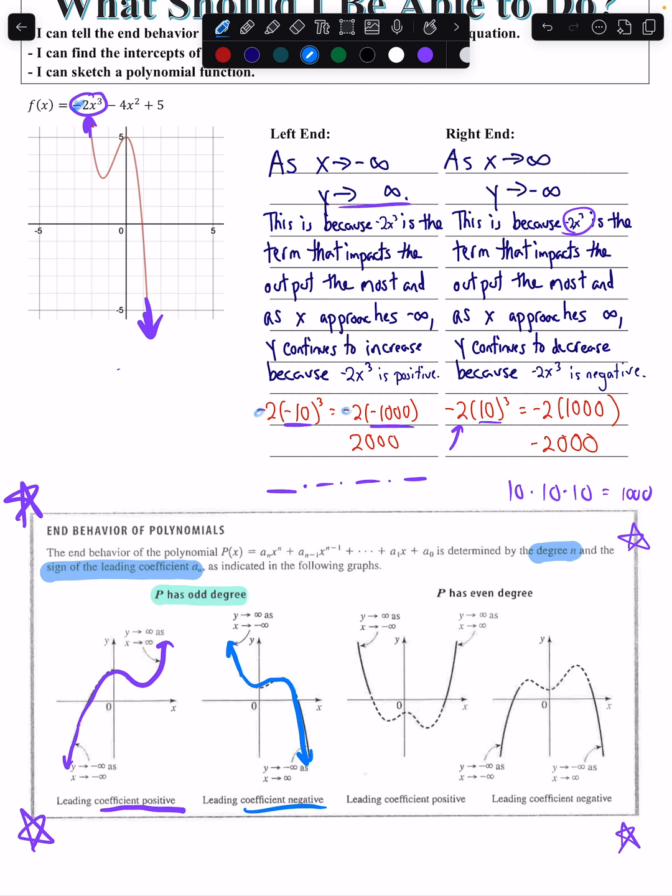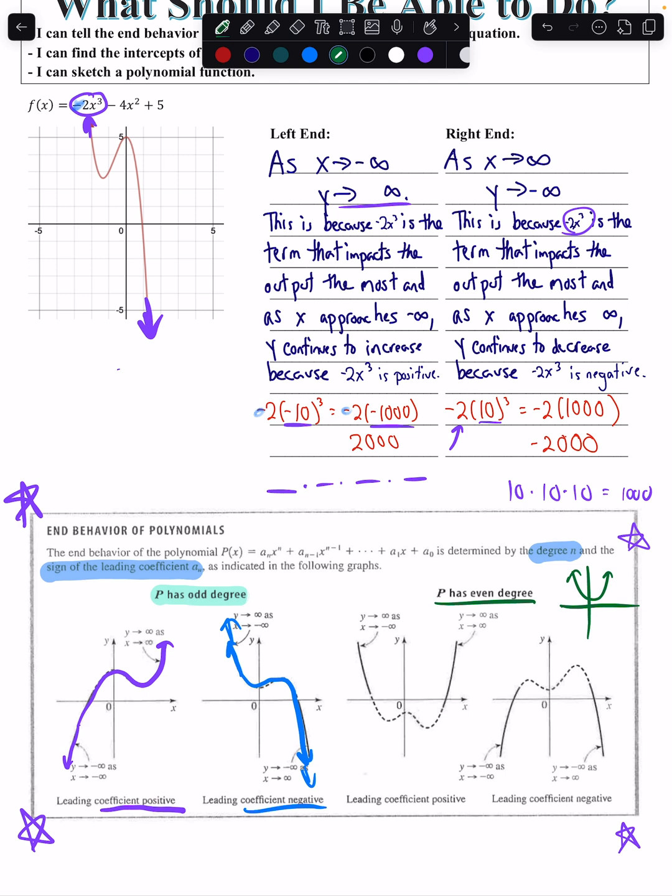So if the polynomial is an odd degree polynomial, the end behavior is going in opposite directions. But if it has an even degree, think about, we've done this before, a quadratic could be one of them. So we know the ends are either both going up or both going down. That's for all even degrees.